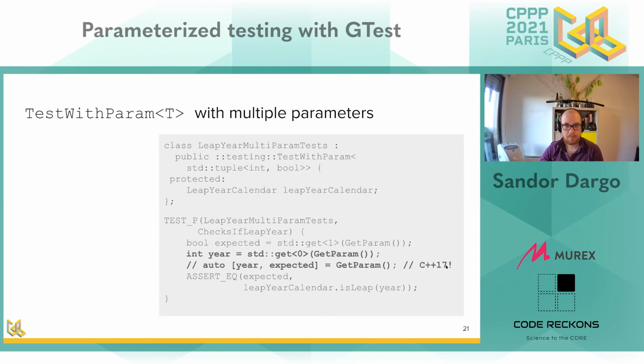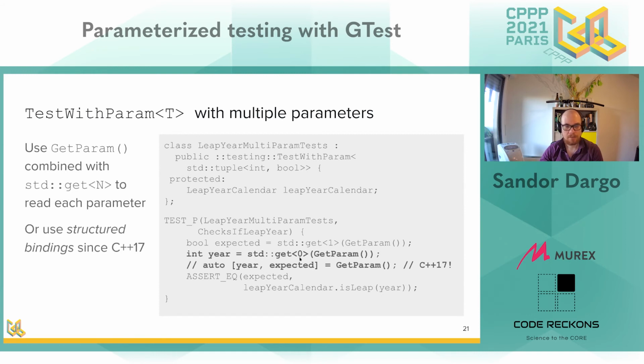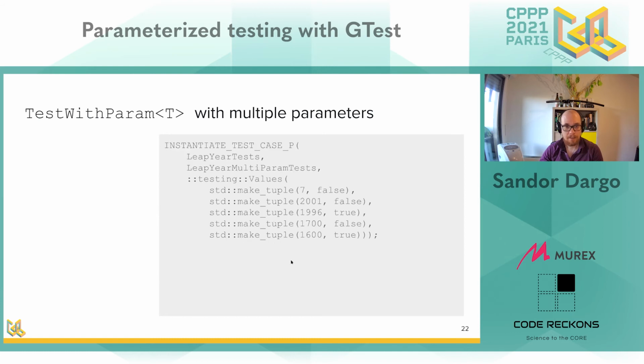And from C++17, you can use structured bindings to simplify the code a bit and get, like in this case, all the different parameters at the same time, which is a nice simplification. And then you have to pass in the values. So it's probably what you would expect.